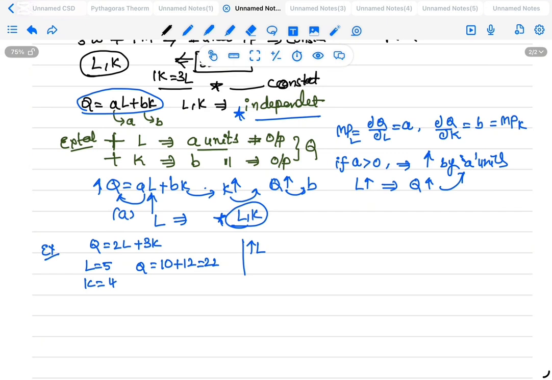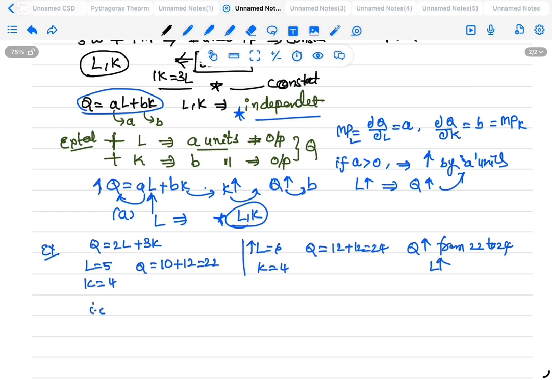If we increase the labor, L equals 6 and K equals 4, Q equals 12 plus 12, that is 24. So the output Q is increased from 22 to 24 just by increasing only the labor.